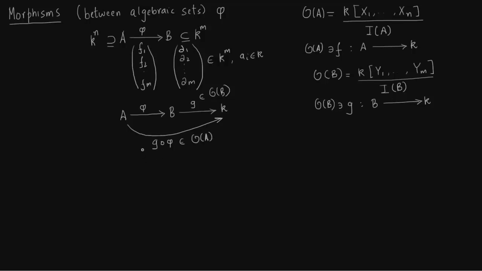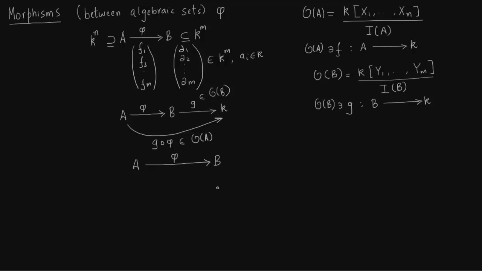Okay, now we want to collect everything which we have said. So you have a morphism from A to B. Morphism phi is given by a tuple of polynomials f1 to fm. Obviously f1, f2, f3, fm matches m with K^m there.